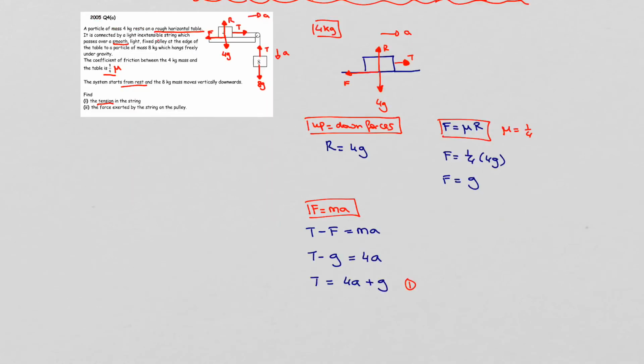So the next part of the question is to find the force exerted by the string on the pulley. Okay, so the string acting on the pulley, well, if I have tension acting away from the block, tension always acts away from the object.